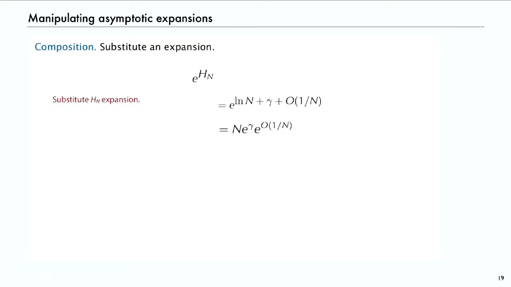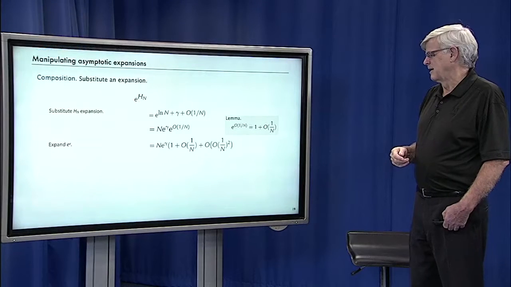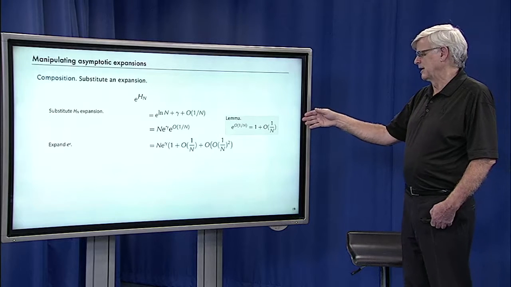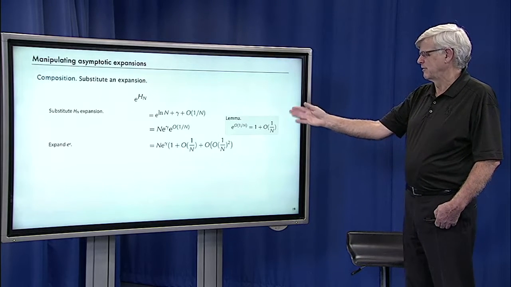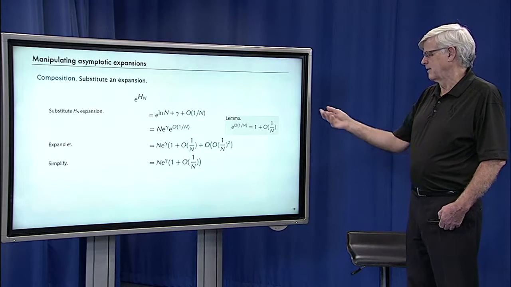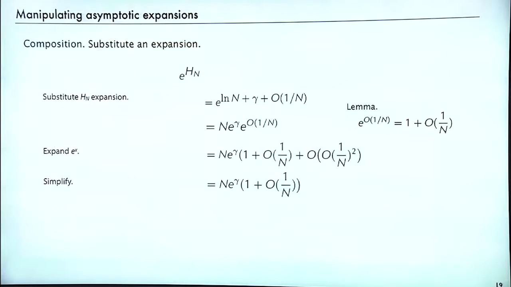And then that one you expand with Taylor, although it's a little more work to actually prove that, but you can from now on use that lemma. E to the O of 1 over n is 1 plus O of 1 over n, and you can expand it a couple of terms if you need to, and that gives the simplification that e to the hn is n e to the gamma to within 1 over n, or n e to the gamma plus O of 1.